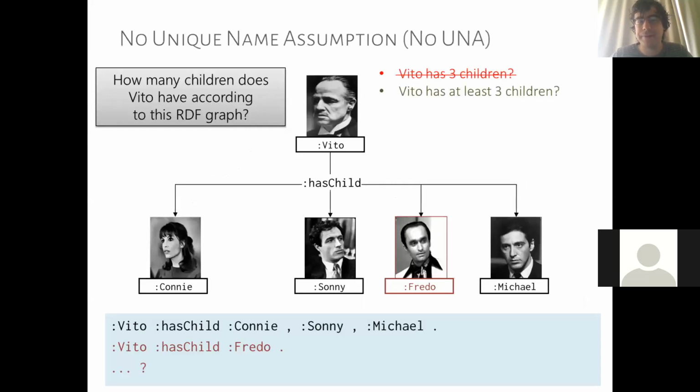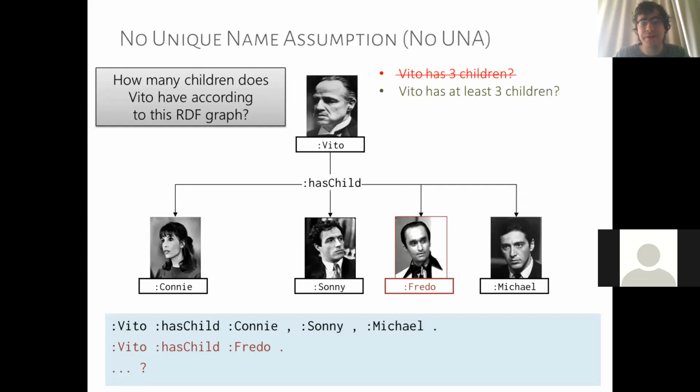So the second assumption, or in fact in this case lack of assumption, is that we do not apply a unique name assumption. What that means essentially is that we never assume that each name in the graph, like Michael, Fredo, Sonny, Connie, certainly refers to a different person. We never assume that.